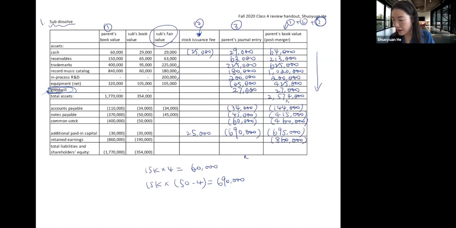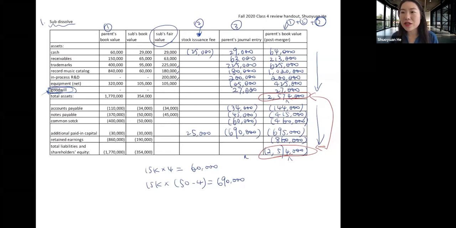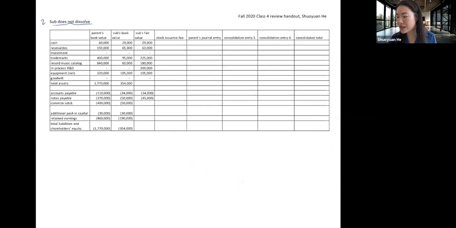If you add them all up, your liabilities and shareholders' equity should add up to 2,574,000. So your total assets and total liabilities and equity should be equal. This is just a check for you. If they don't equal, there's something wrong. So that is the first situation, when dissolution takes place.